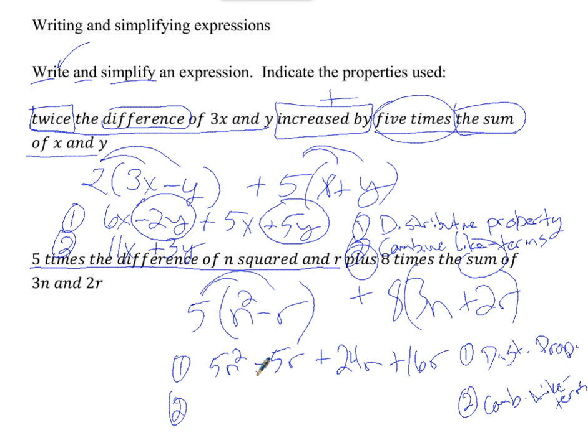No. The exponents don't match. So I don't have like terms of 5n squared. That's fine. I just rewrite it. Okay, now I move on. What would be next? Okay, the minus 5r and the plus 16r will combine to give me what? 11. So that's positive 11r. Anything else?